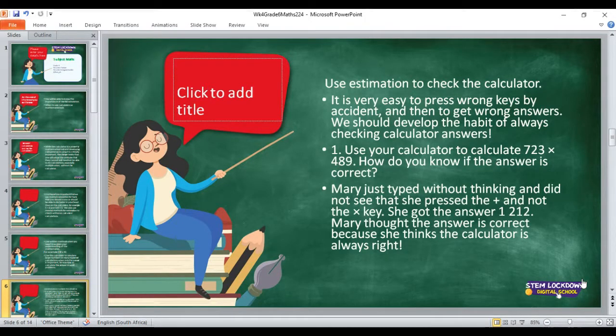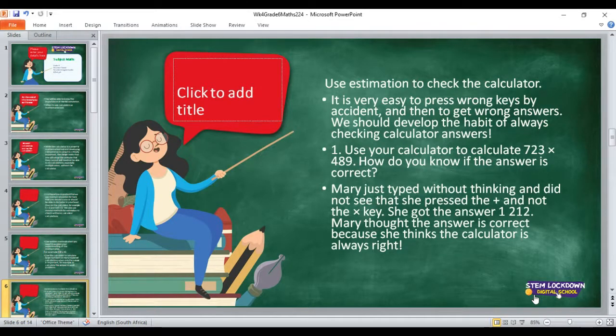And if you don't use the estimation to check your calculator, you would end up with a wrong answer and a wrong calculation, because we do make the mistake of thinking that we have pressed the multiply button, however, by accident, you press the plus sign. That is why it is very important to check the calculator answer by using the estimation.